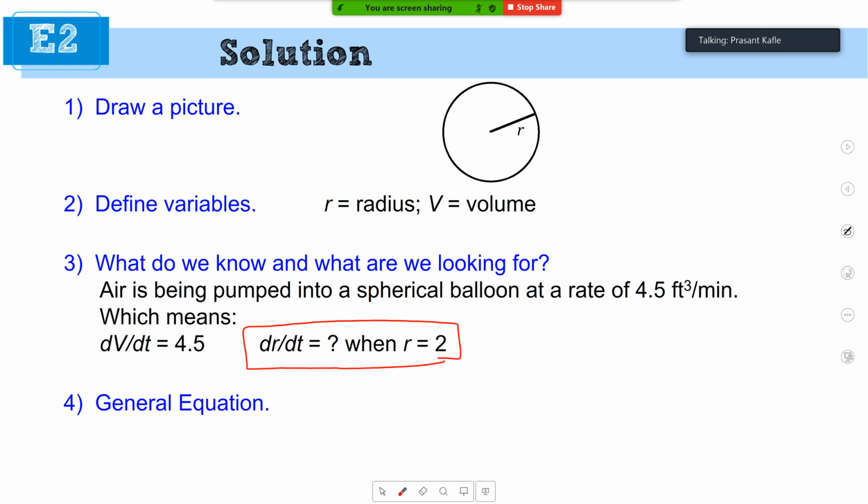Pi r squared. Say again? Someone said pi r squared, or like a circle equation. Close. It's deceiving because my picture is a circle, but we're actually dealing with a sphere. So how would you change your answer, Prasant? No idea?